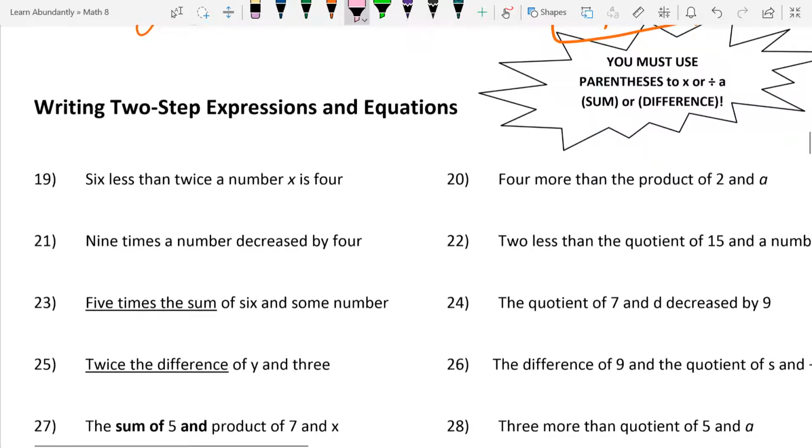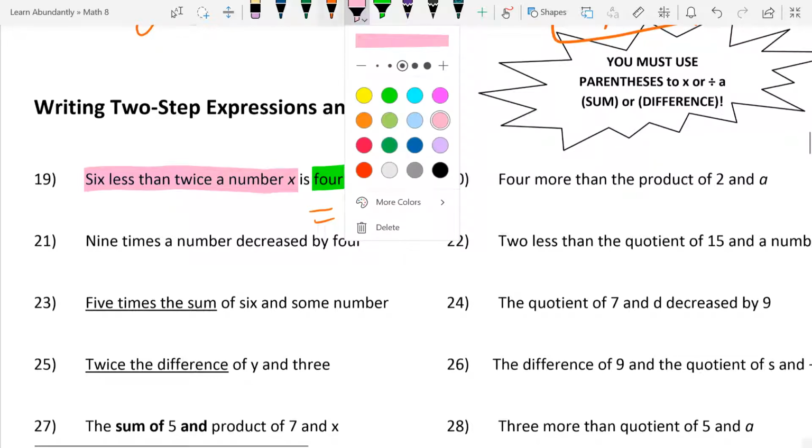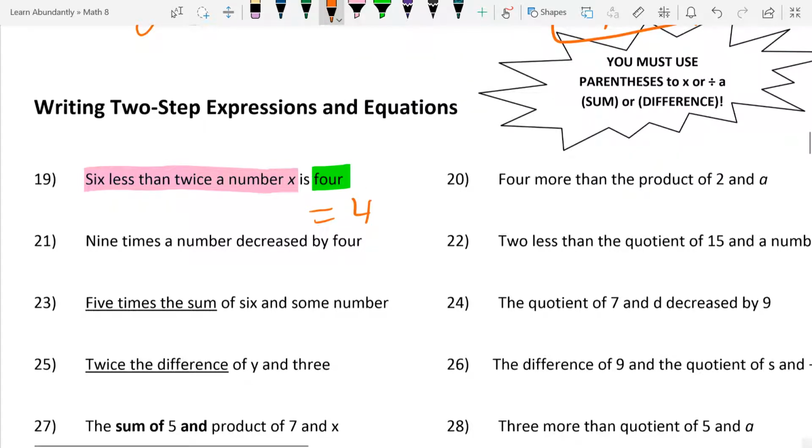So here we go. 6 less than twice a number, and it says is 4. So I know what goes on my right side is going to be equals 4. On the left side, it says 6 less than twice a number. So I actually have two parts. I have twice a number.